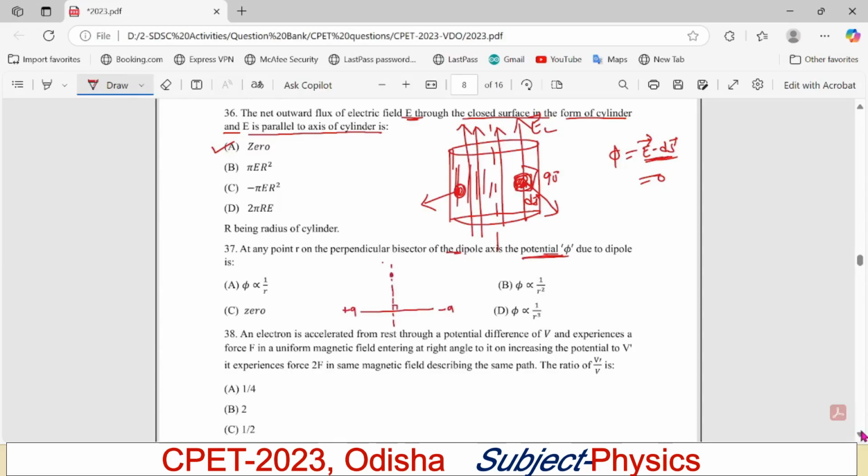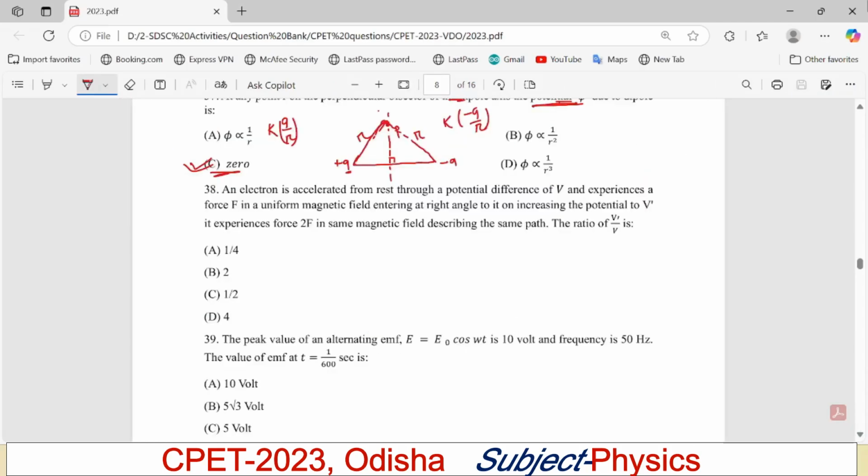At any point here, we have to find the potential. The distance from the positive charge to this point and from the negative charge to this point are both the same. Potential due to the positive charge is k into q by r. For the negative charge it will be k into minus q by r. So the net potential at this point will be equal to 0. Option C is the correct one.